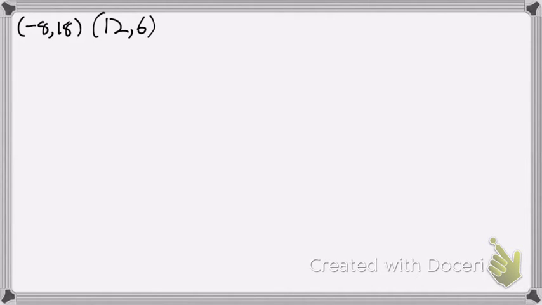So any coordinate pairs that we have are split up x, y. So I want to make sure that when I do that, I differentiate between the 2 points. So I'm going to name this one x1, y1, so I'll call that point 1. And the 12, 6, I'm going to call it x2, y2.